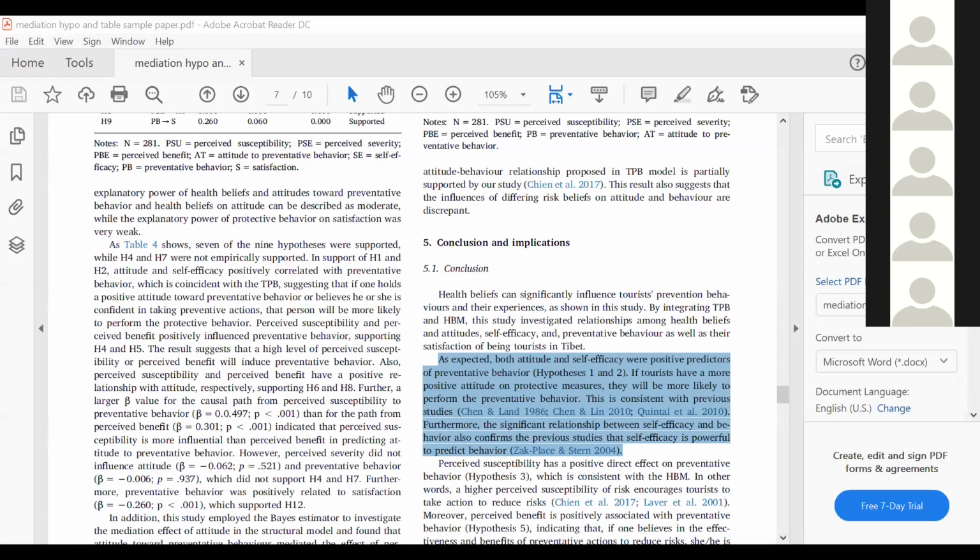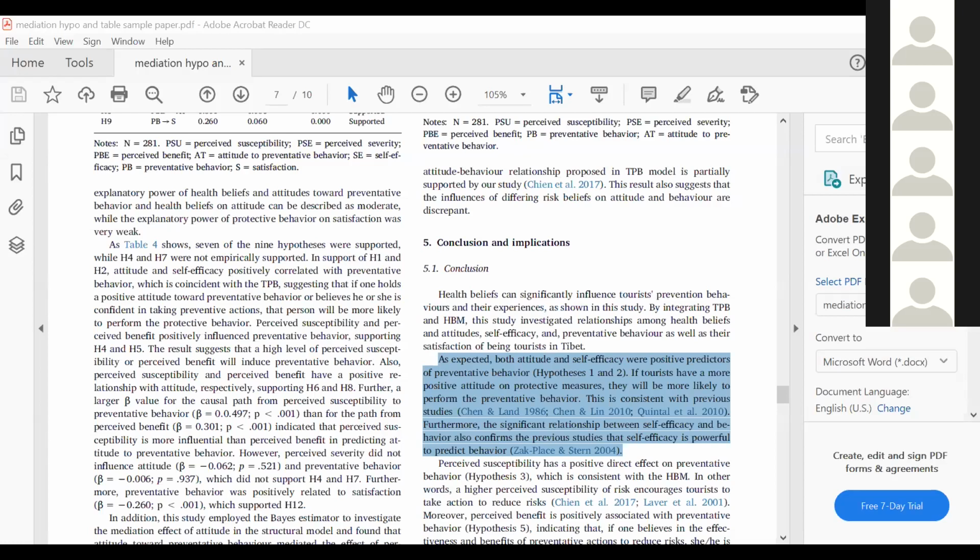I always take my academic research to the industry. If they cannot comment on my research, it is useless, and I come to know that it is not going to be published in an A grade paper. So if I have found out that attitude affects preventive behavior, I will go to the travel and tourism industry and ask, does attitude affect tourist preventive behavior?